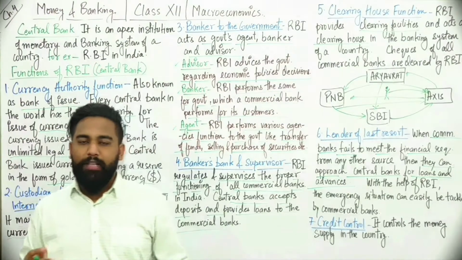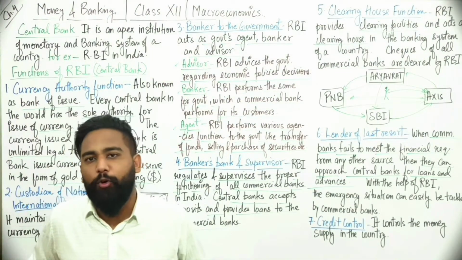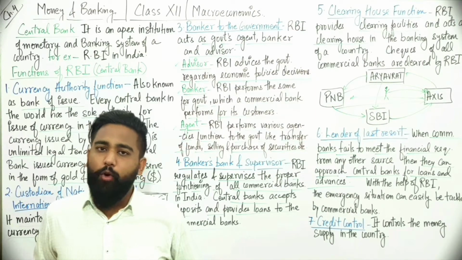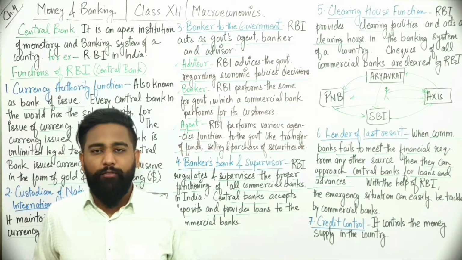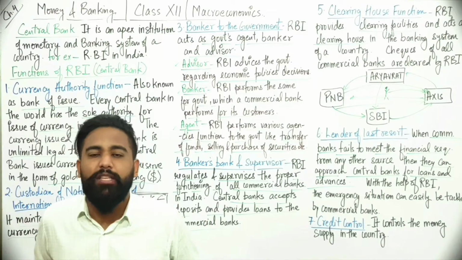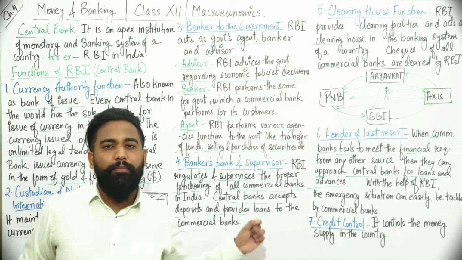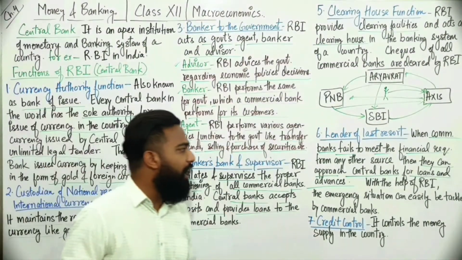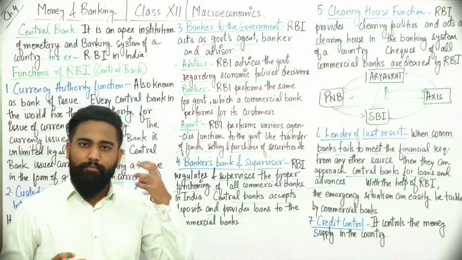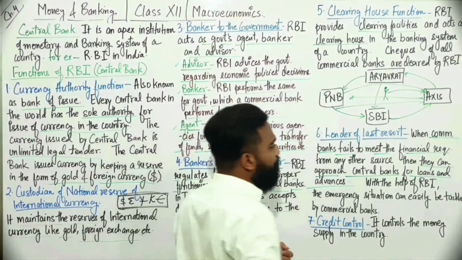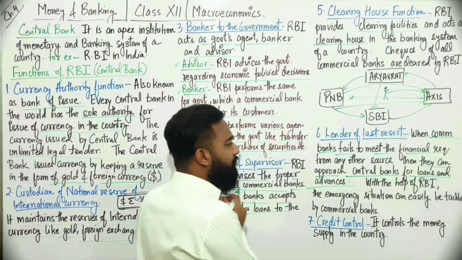Suppose the Punjab National Bank needs 5 crore rupees. Now they don't have any source from where they can arrange 5 crore rupees. Then they will approach the RBI, the Central Bank of India, and ask for loans and some money in advance. So there's the lender of the last resort.